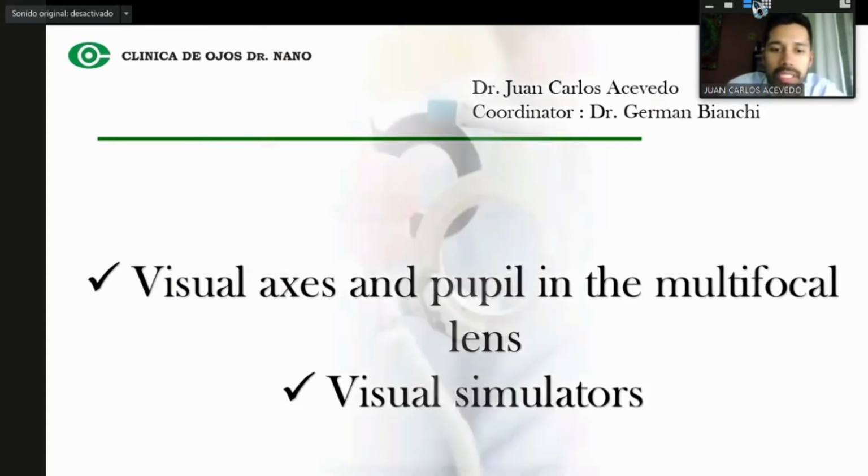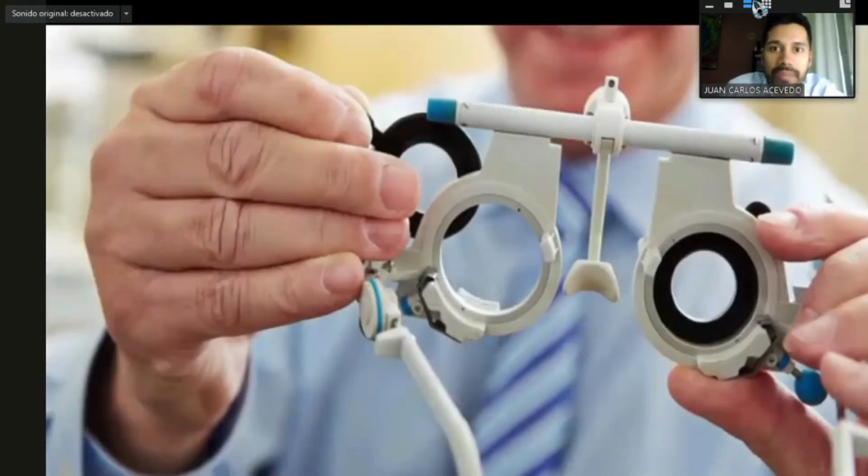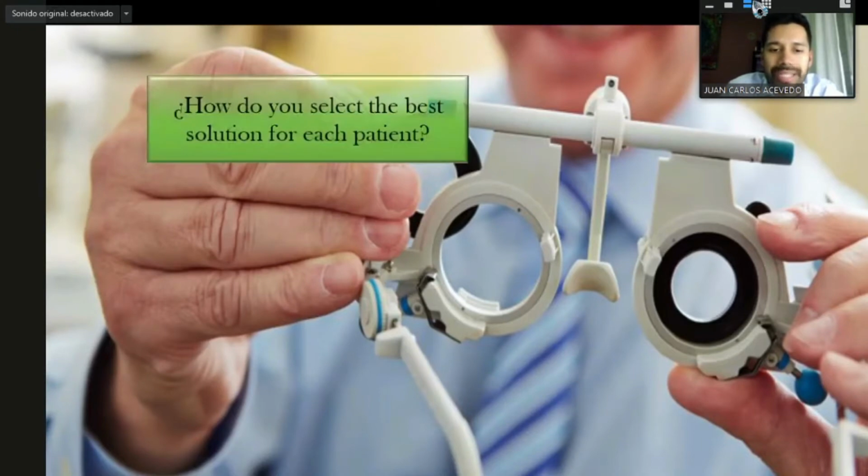To understand the objectives of this presentation, I would like to raise a few questions. First, how do you select the best solution for each patient? I mean, what are the criteria we take into account when deciding which type of lens to implant to our patient?